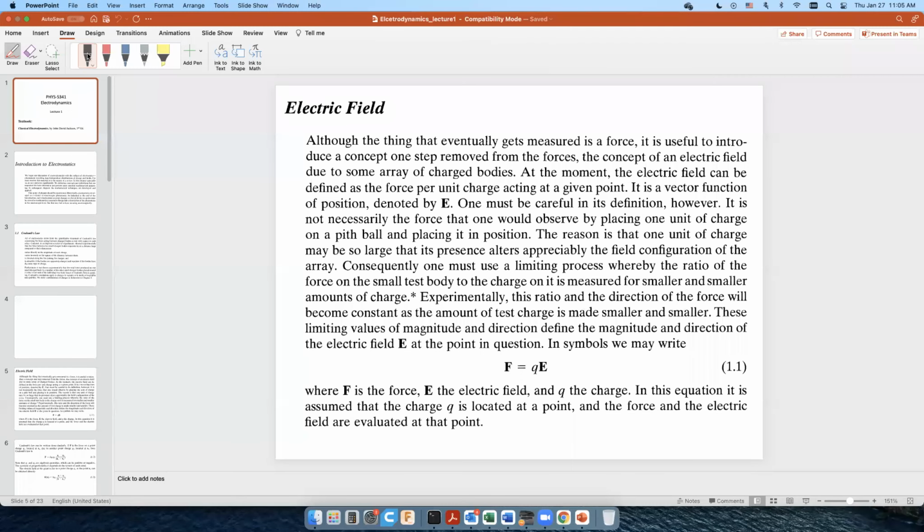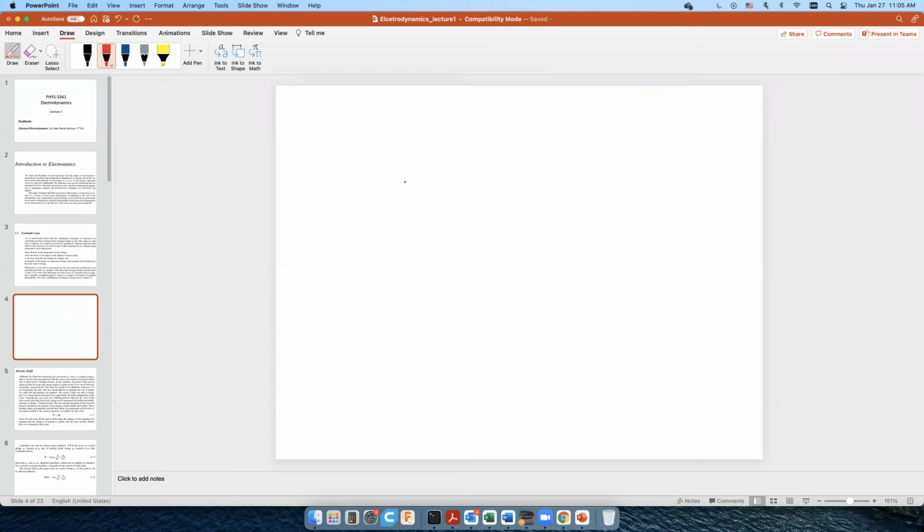Okay, let me switch my tool into a pen. Now, if you have two charges, let's say Q1 and another charge, Q2. What does Coulomb's law tell us?